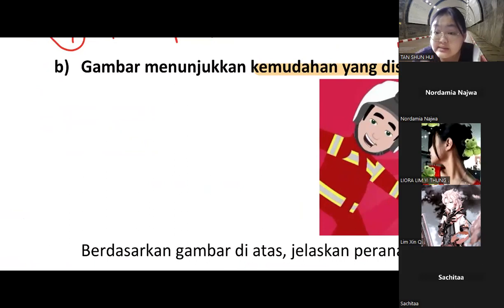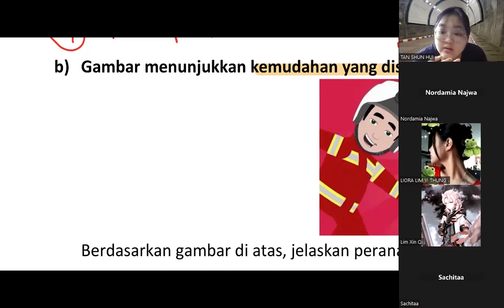You can touch it, you can see it. Then what is the barang sosial? Barang sosial is medical service. School is the barang awam; inside, you go to school to study education. Education is the social. Balai polis is awam. Keselamatan is social.